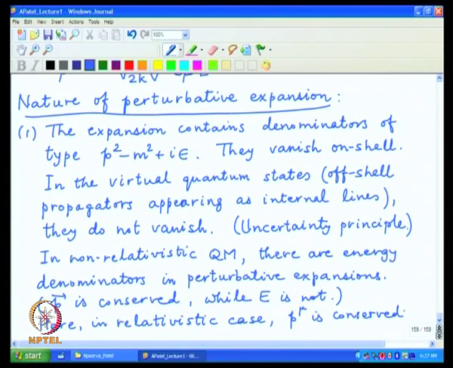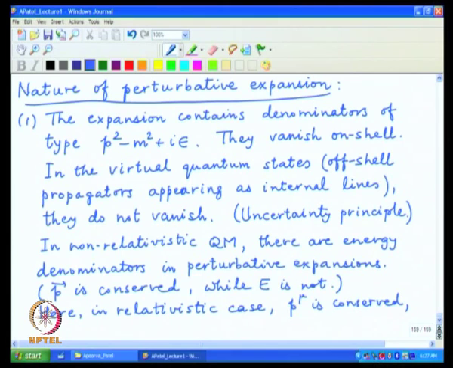It came out from our formulation automatically, but the uncertainty is appearing as the dispersion relation between energy and momentum is not conserved for all these internal lines.